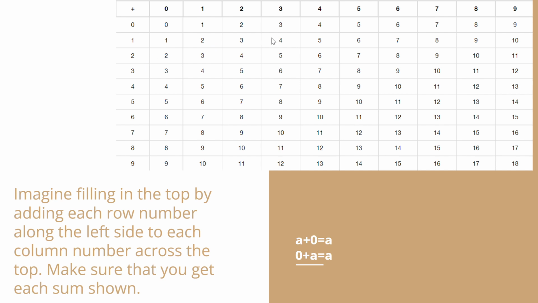So 2 plus 3 is 5, 4 plus 5 is 9, 6 plus 3 is 9, 6 plus 8 is 14, and 9 plus 9 is 18. It's important to remember the sums of numbers that are less than ten, because you will always use this in the formulas for math.